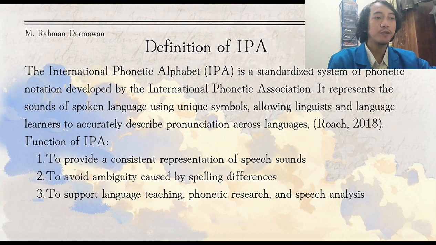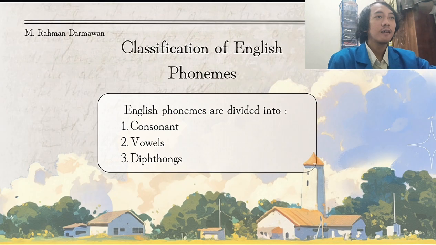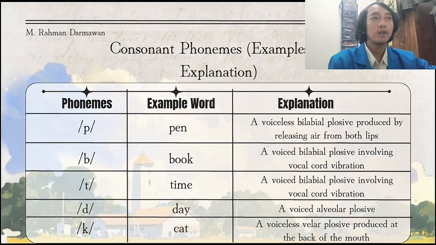To support language teaching, phonetic research, and speech analysis. English phonemes are divided into 1. Consonants, 2. Vowels, and 3. Diphthongs. For the consonant phonemes, there are examples and explanations.